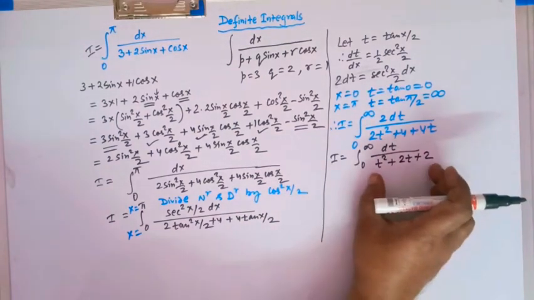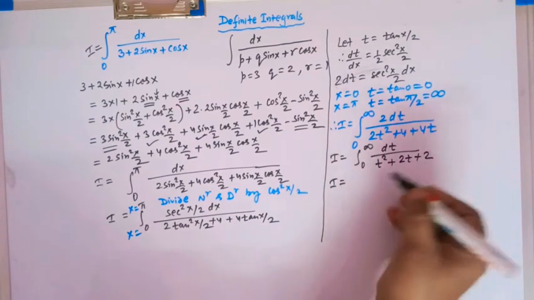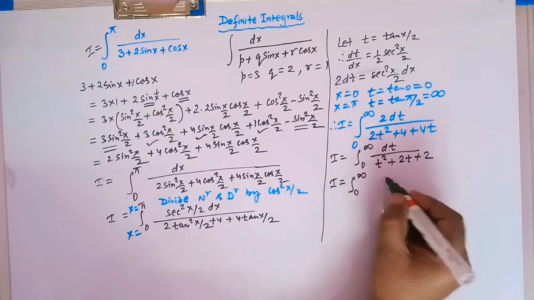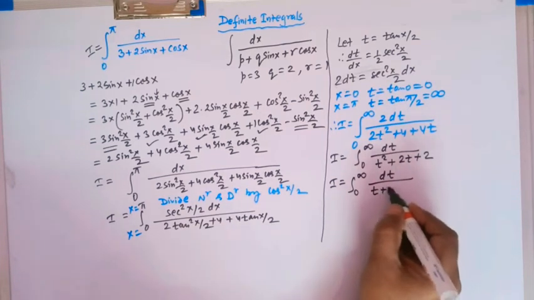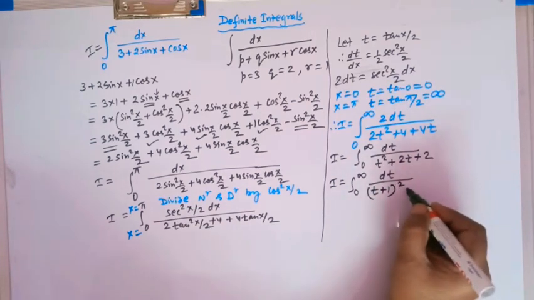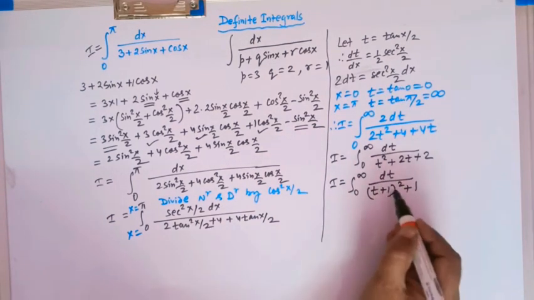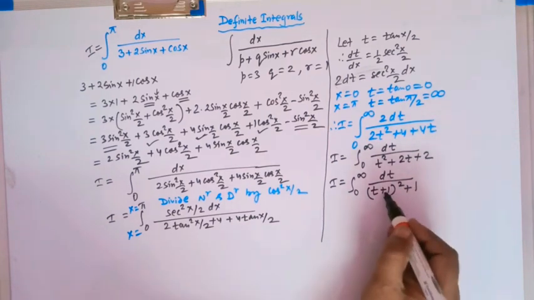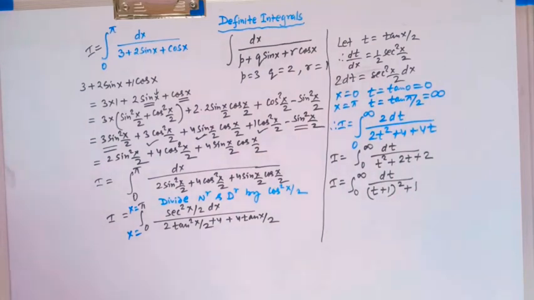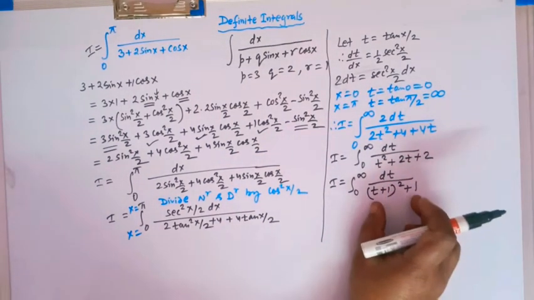Now converting this quadratic factor into a perfect square, we have dt, and this can be written as t plus 1 square plus 1, right? Because t square plus 1 square and 1 is 2, and then 2ab term is 2t, right? So this quadratic factor can be written like this.